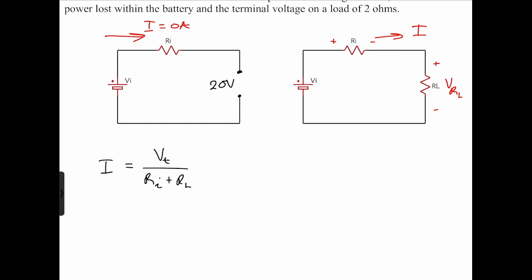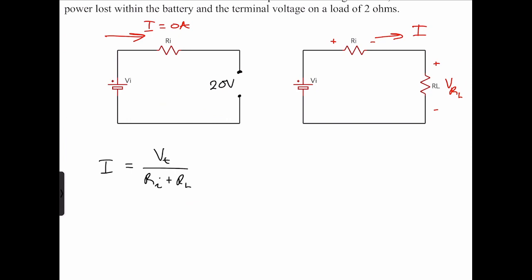And now that we have I, we can find the voltage drop across the load and the power loss within the battery. We can use voltage division or the loop method to find the voltage across the load. So let's do both.